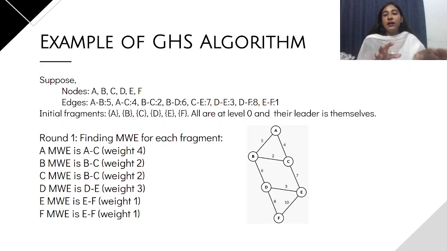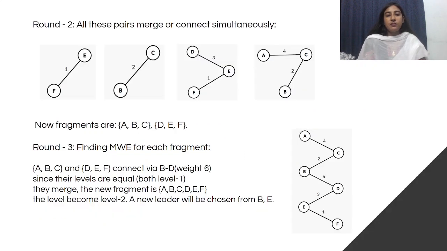That's all. And these edges are at level 0, and all the nodes are different fragments. So if I talk about the first step, or the first round, first we have to find the minimal outgoing edges for every node, which are these.